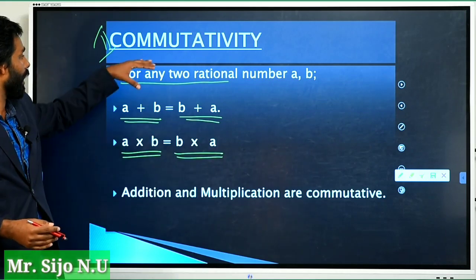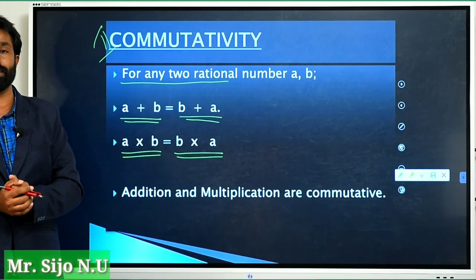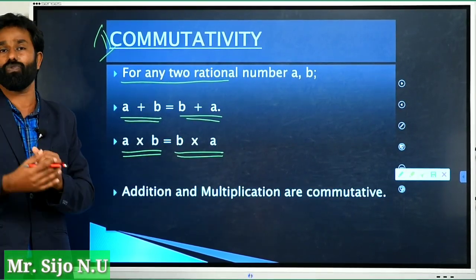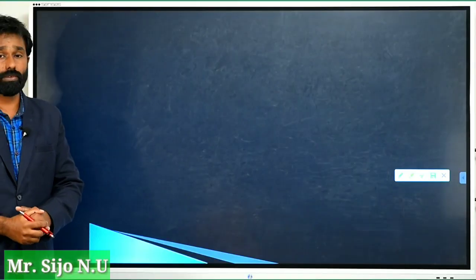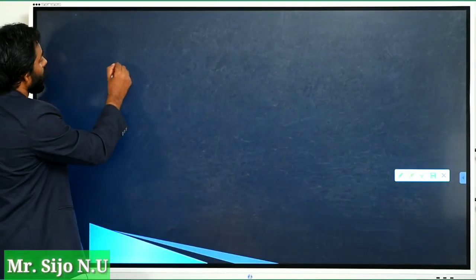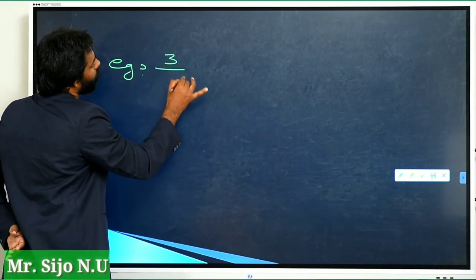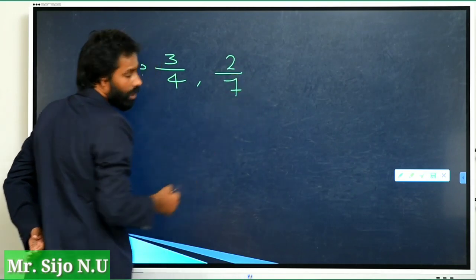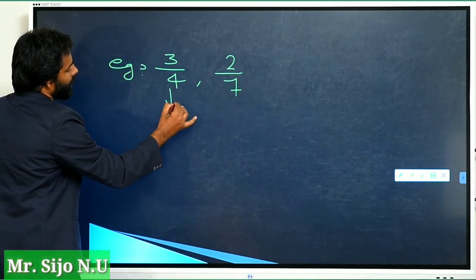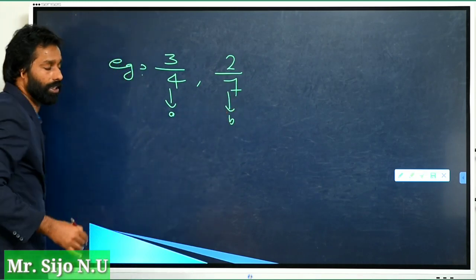So we can say in the case of addition and multiplication, the commutative property is satisfied. Let us look at some examples. Consider two rational numbers 3 by 4 and 2 by 7. Take the first as a and the second as b.